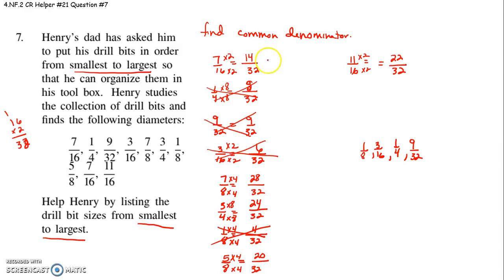Next up would be, what's the next smallest? The 14. And remember there were two 7/16, so 14/32 is next, so that's 7/16, and there were 2 of those. What comes next? 20/32, which is 5/8.